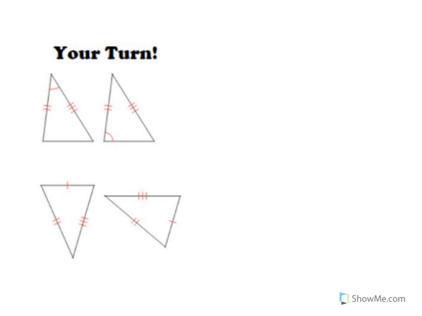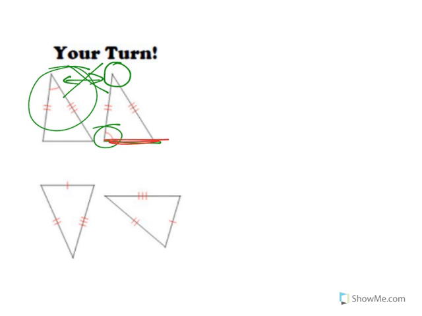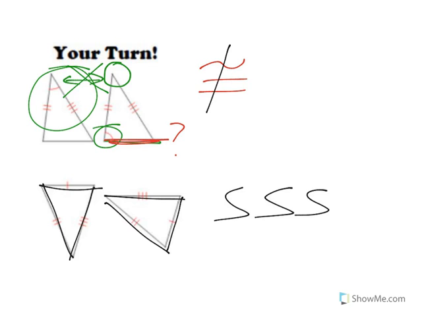Okay. Again, your turn. Some of us thought maybe this may be SAS, but notice that the angle here is not the same, right? So this is not an included angle. I know nothing about this leg down here in red, so this here would be not congruent. So you can just do a statement like this. I think I did not have the thing recording, but this is what we went through here.